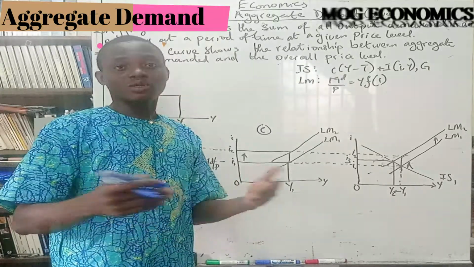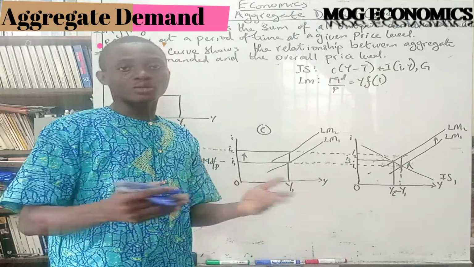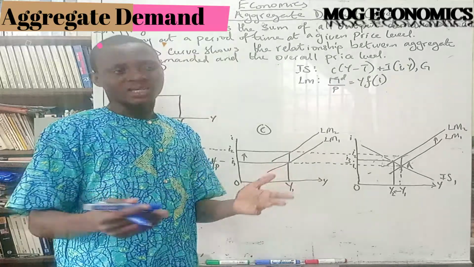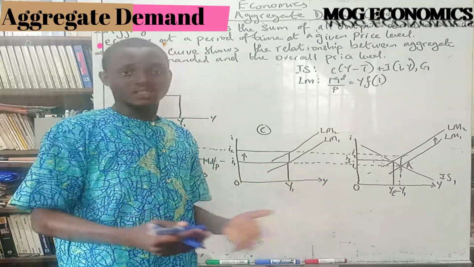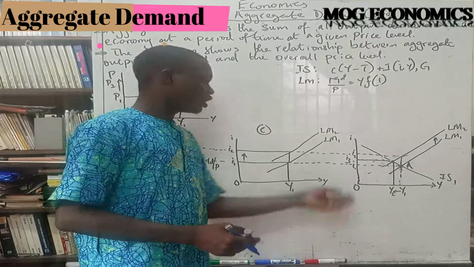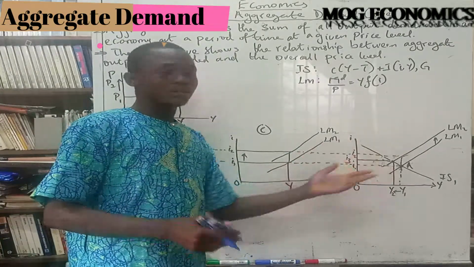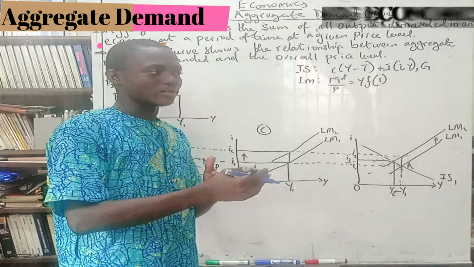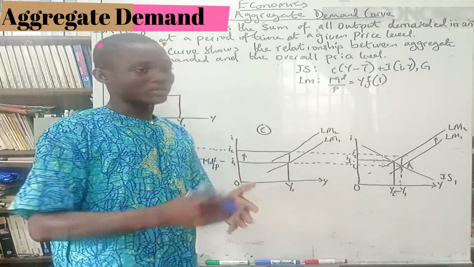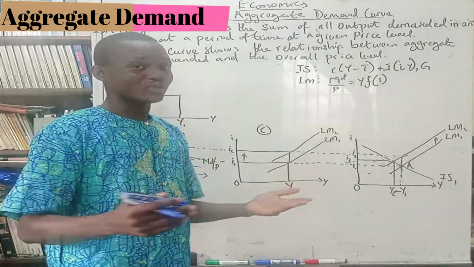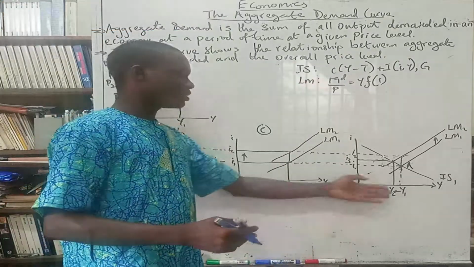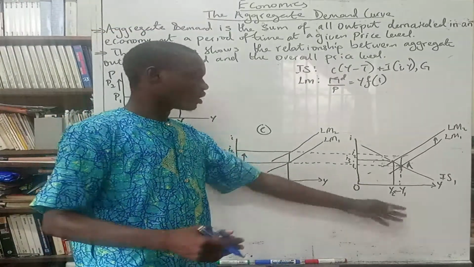Either they take money from the public or they go to the bank to borrow money. But here we assume that they are going to borrow money, even if it were from the public. So it's still the same thing that is going to happen. This has increased the cost of borrowing, and then investment falls because loanable funds are now expensive to acquire, and that leads to lower output.